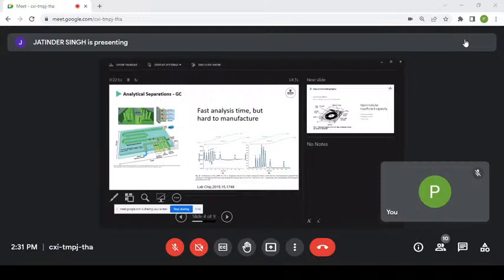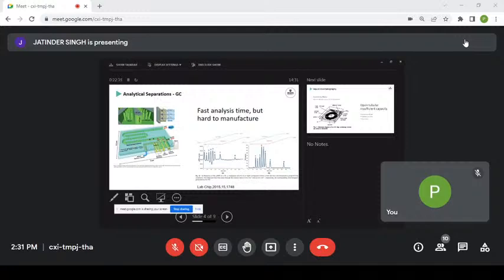Instead of making a really long channel, what this group has done is put a lot of posts in the microchannel. We can see that we've got a 190 micron wide microchannel, and they've put a lot of pillars in there. The pillars are each 20 microns wide, all going from the bottom to the top, and that enhances the surface area.